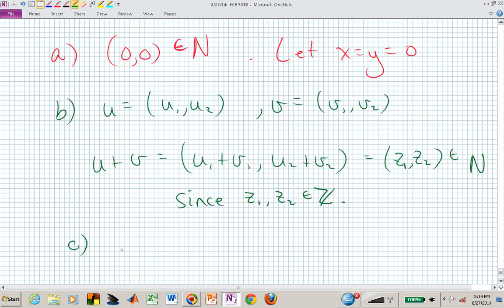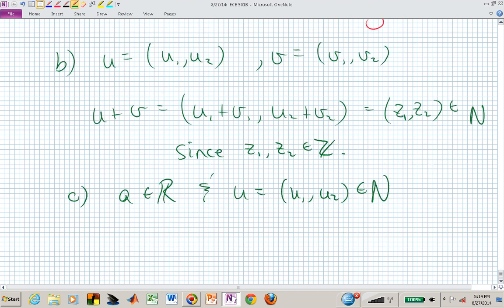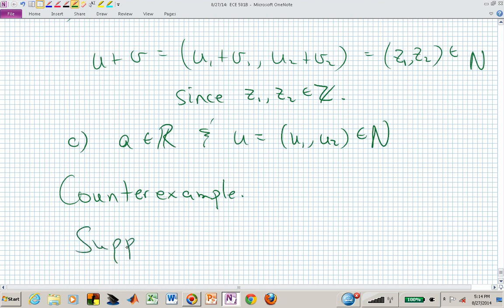However, the third property, let's let A be in the field of real numbers. Now U, let's say U1 comma U2, is still in N. But now I just have to find one little A to show that A times U is not in capital N. One counterexample could be, suppose A is 1/2 and U is, let's say, 1 comma minus 2.